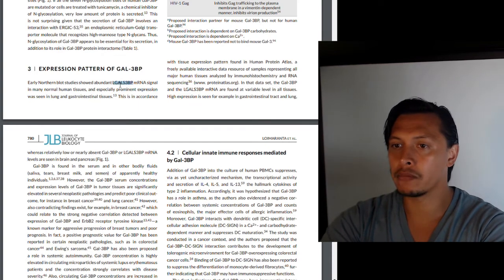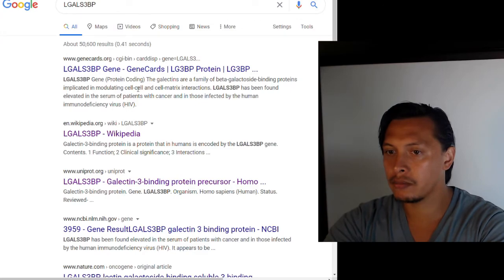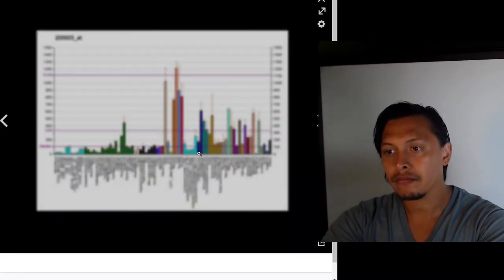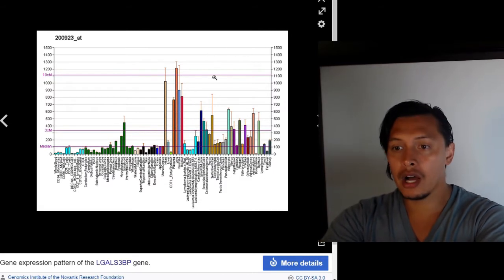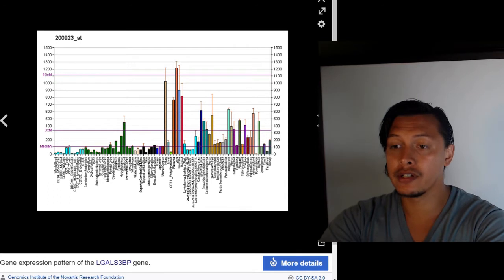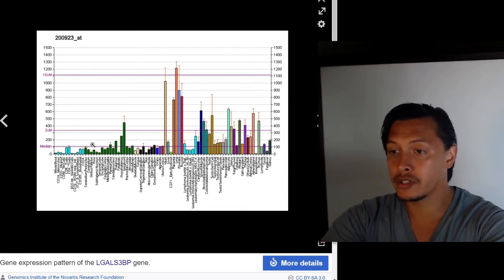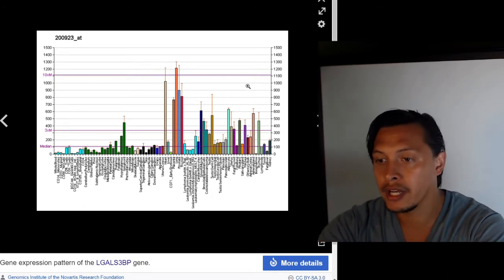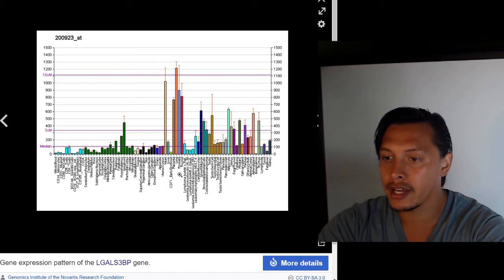So this would be an example of the quantification of the mRNA in the different cell types. As you can see, there seem to be a lot of different cells within the human body that can produce this galectin-3 binding protein. However, it is very high in, say, the lungs.